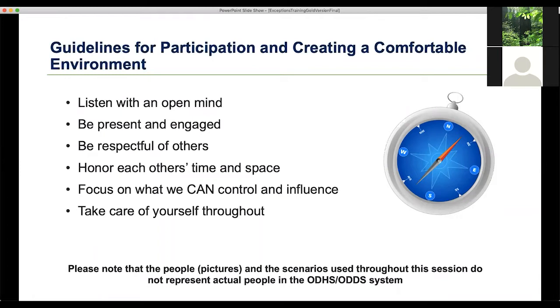Again, this goes back to if you have questions, a lot of this material might answer those questions, and if you are present and engaged, those questions might get answered. The other one is to be respectful of others, honor each other's time and space. There may be questions that we're not able to answer at the end.